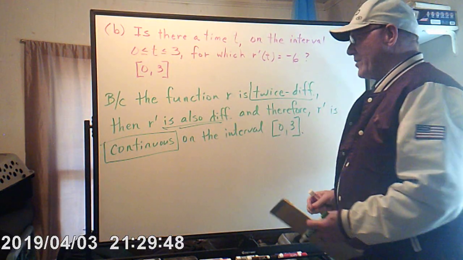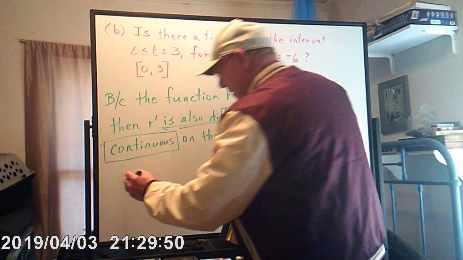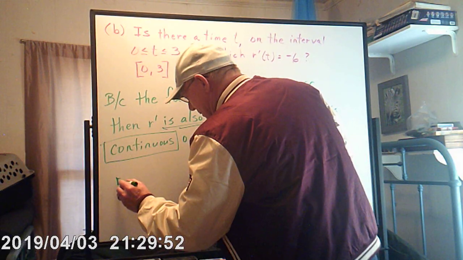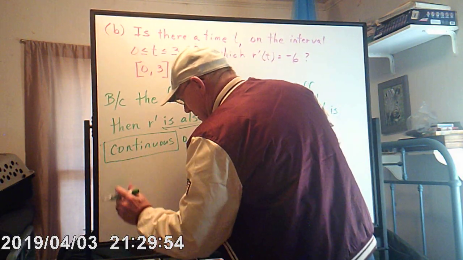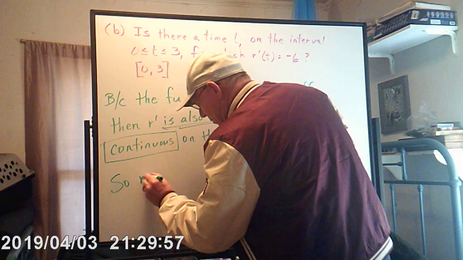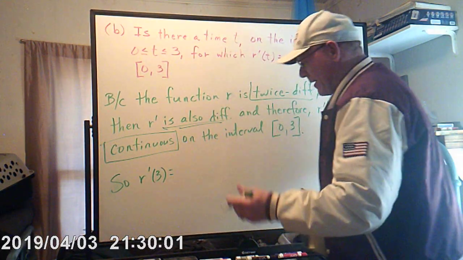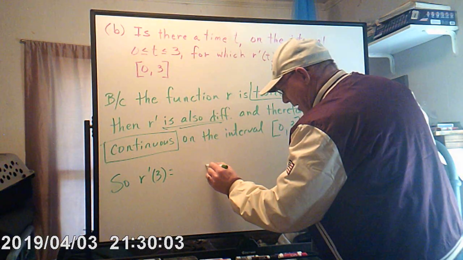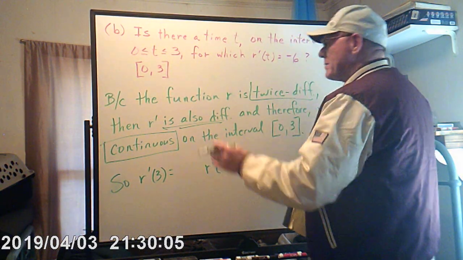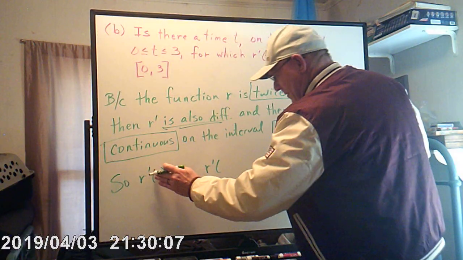Now, part 1, that's it. Part 2 of this is we need to find r prime, so r prime at 3 equals what? And we also have to say r prime at what? Oh, well, 0. Let's do 0 first.